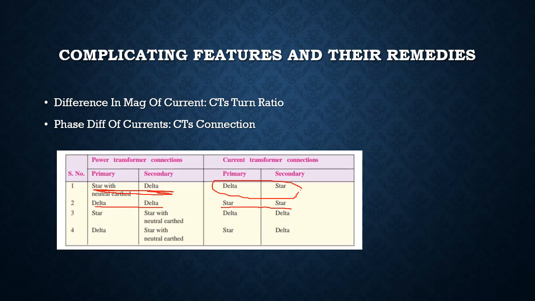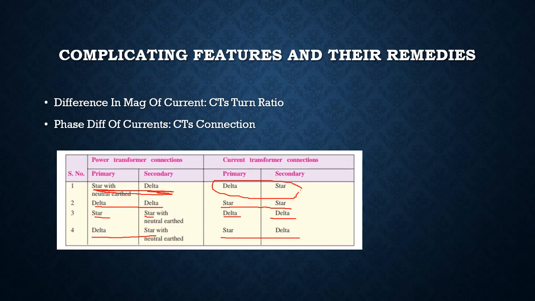Similarly, if the power transformer is star-star, then the CTs should be in delta-delta.